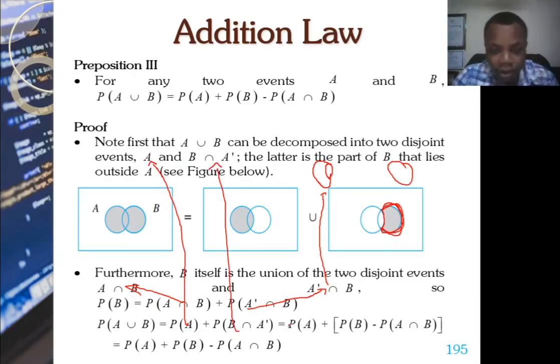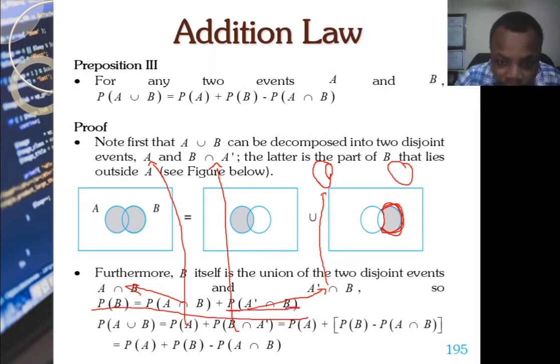Now remember that in this case too, we have the probability of A prime intersection B. So with this, we could make this the subject from this equation. Once we make this the subject, we can substitute it into this term that we have here.